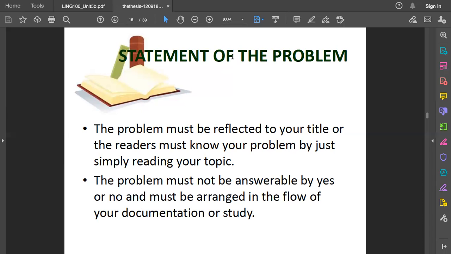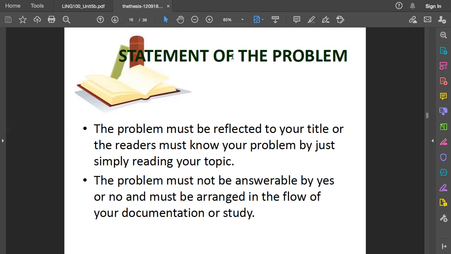So for example, in participial form, the researcher aims to, then you restate your title. On my part, the researcher aims to develop an infographic making module to teach digital writing among the first year students of Bulacan Agricultural State College.